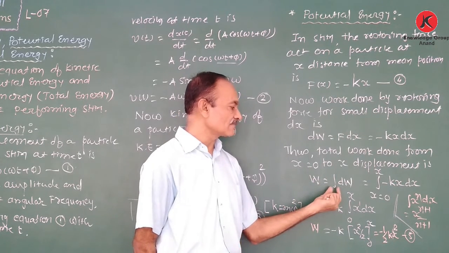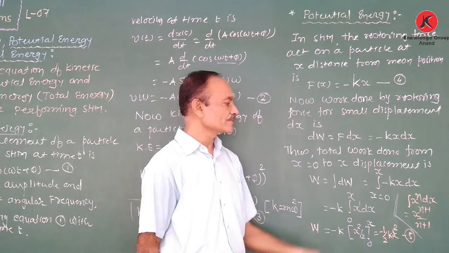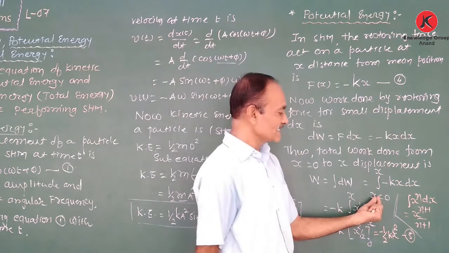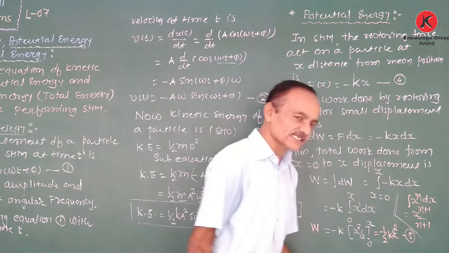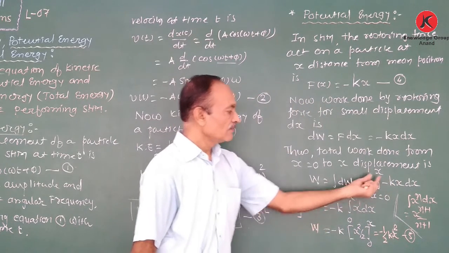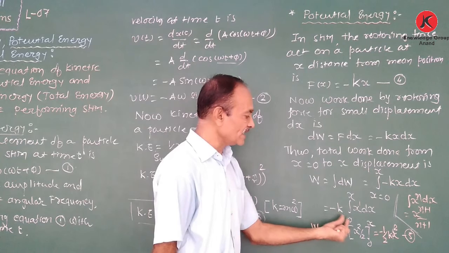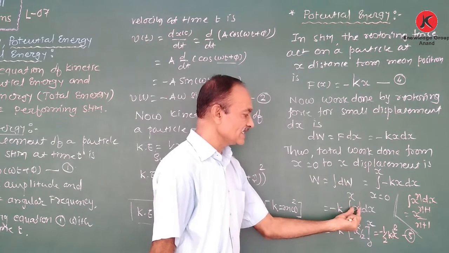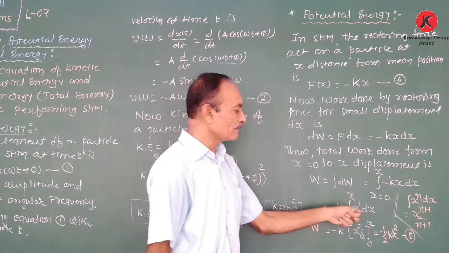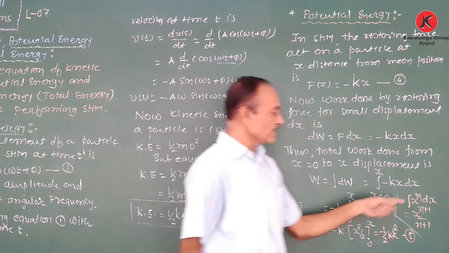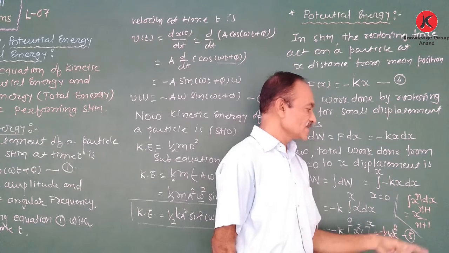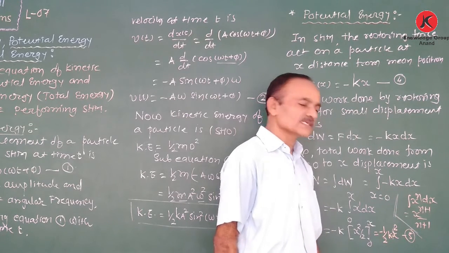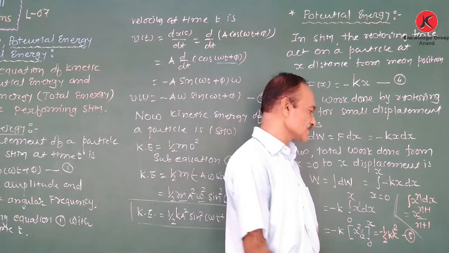Therefore, W is equal to integration of dW is equal to initial position x is equal to 0 to final position x of minus kx into dx. So minus k is taken out, that is constant. Integration from 0 to x of dx. Actually the power of x is 1. According to this equation, integration of x raised to n dx, its answer is x raised to n plus 1 upon n plus 1.